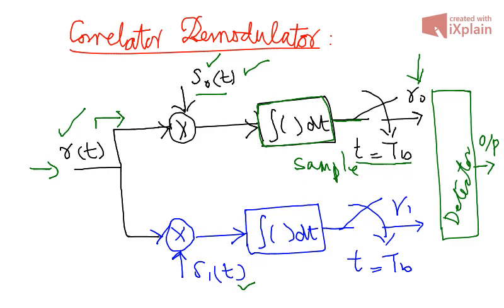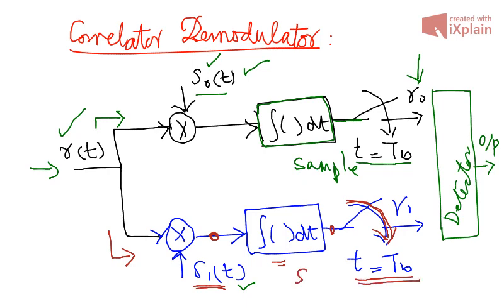Similarly, in the lower branch, the signal r(t) is multiplied with S1(t) first, and the value of this product is integrated, and the output of this integral is observed. Because it is an integrator, it continuously gives some output, and the output is observed at this instant.